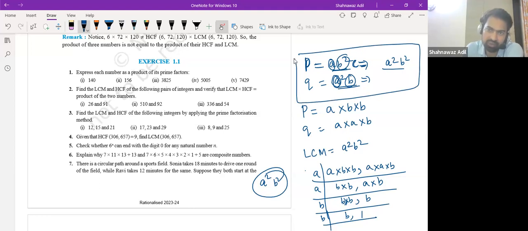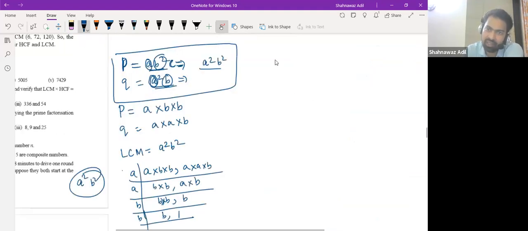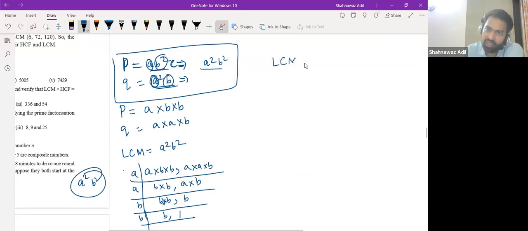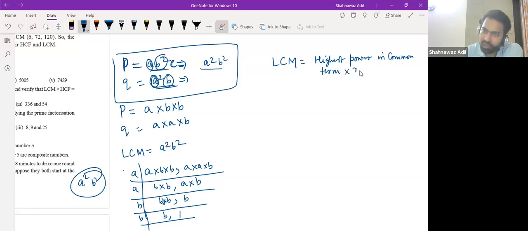We compare the powers. We have to remember that in LCM, we take the highest power of common terms, and then we take the rest of the terms. And in HCF, we only take the lowest power of common terms, and then we leave the rest, right?